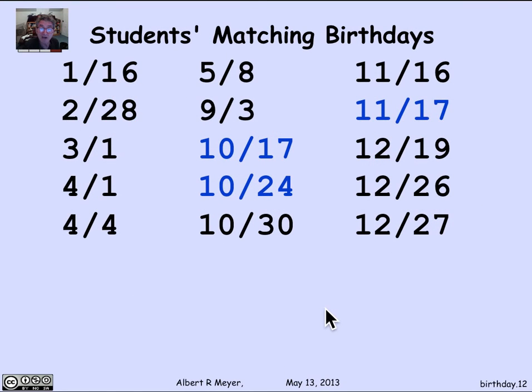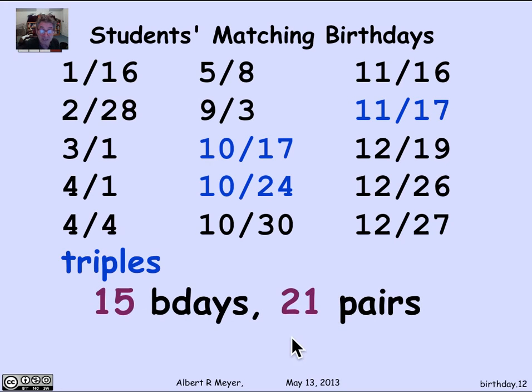And there they are. The blues are triples. And you can see whether your birthday is among those, and knowing that you have a classmate or 2 that have the same birthday that you do. So there are 15 different birthdays, but they count as 21 pairs because it's 12 single pairs and 3 triplets, each of which counts for 3 pairs.